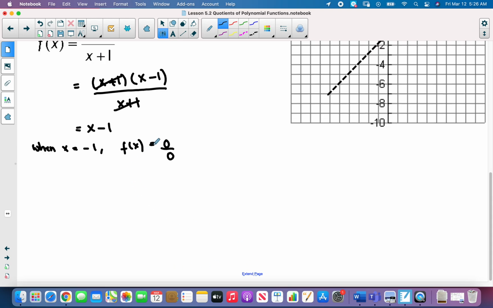So if the function has a value of 0 over 0 at a value of x, that means at that value of x there is a hole. So therefore, there is a hole, discontinuity, at x equals negative 1. And we've learned this in grade 11 already.